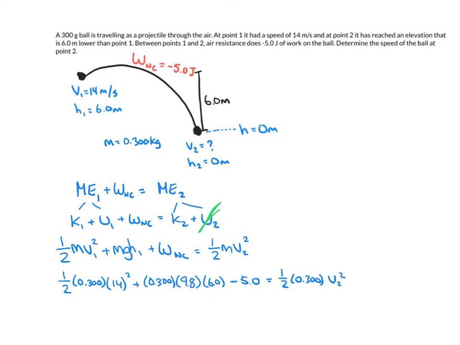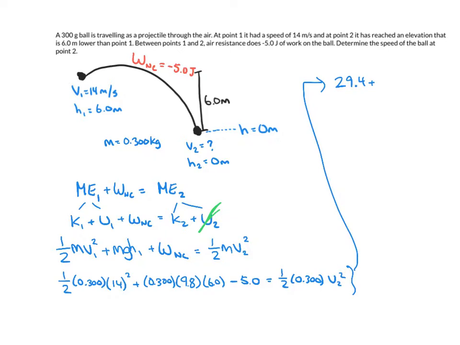All right, that's filling in all the numbers. There's a lot going on there, but I'm going to calculate things out. So get my calculator ready here. The first term is half times 0.3 times 14 squared. That's 29.4. So that's the starting kinetic energy, 29.4 joules, plus the starting gravitational energy, that'll be 0.3 times 9.8 times 6.